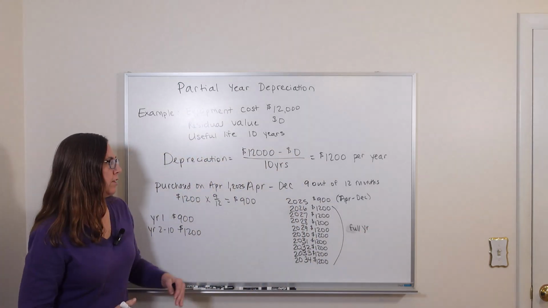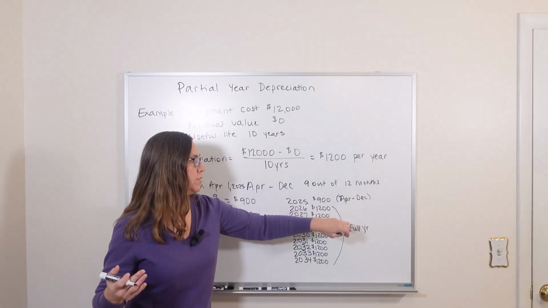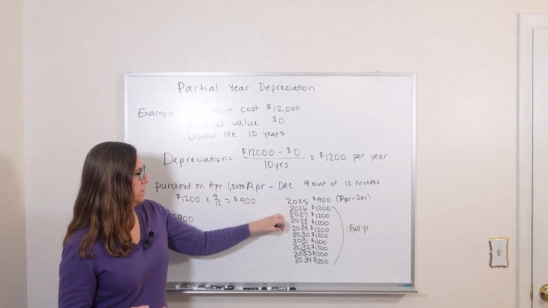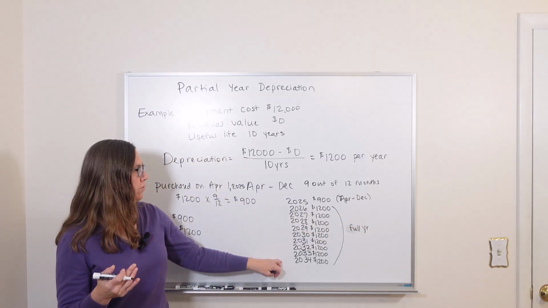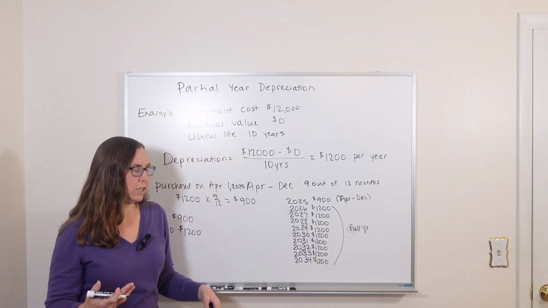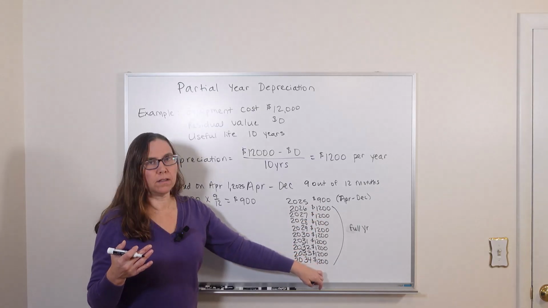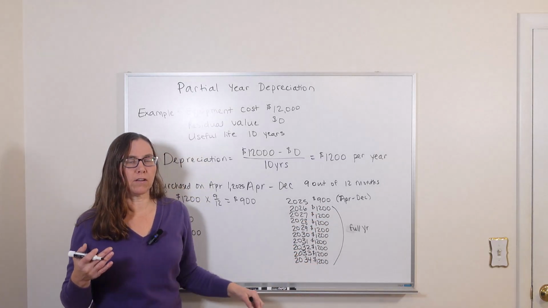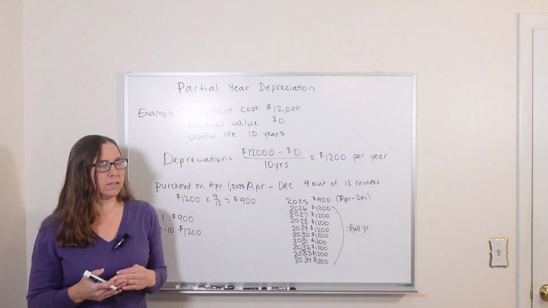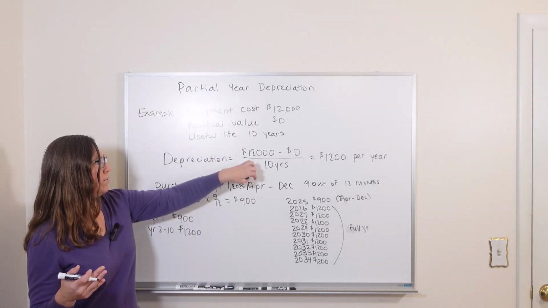Okay, so what I have here is in 2025, they only depreciated for April through December, or $900. The rest of these years, years 2 through 10, it's $1,200 for the full year of depreciation. And if you were to add up these amounts, you would get a total of $11,700. Well, the maximum they want to depreciate this asset would be $12,000.